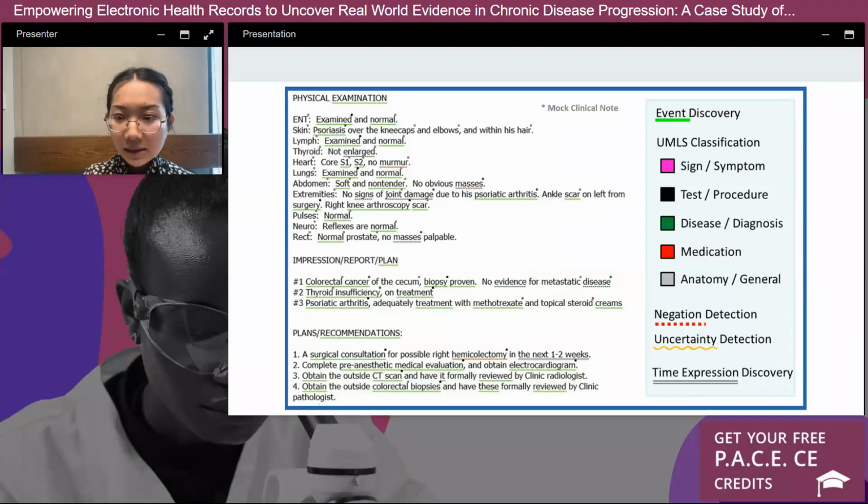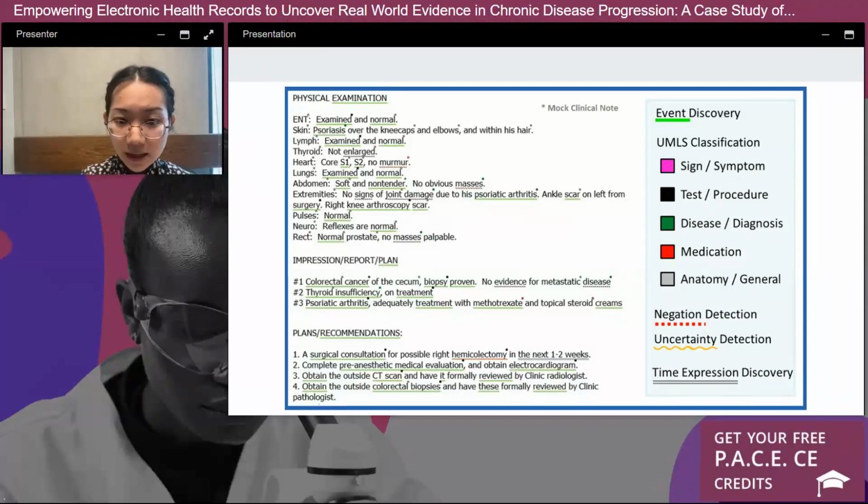So for instance, this is a mock clinical note. There are, in fact, a variety of natural language processing tools that could help you identify the entities, or more specifically, the clinical terms inside this clinical note.